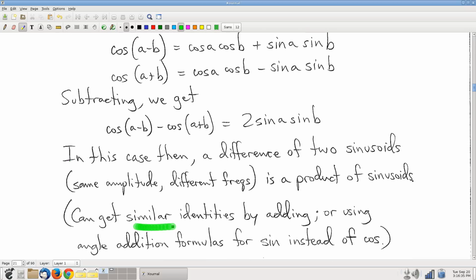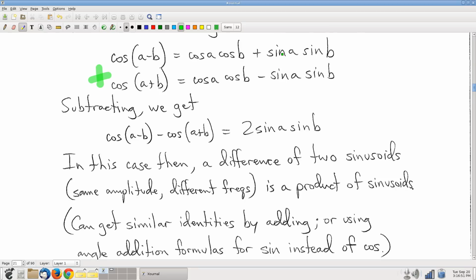So that being said, there are some similar identities that students can get. This is a side note. Instead of subtracting these from each other, if you add these two equations, add that to that, then those cancel, and you get, again, a reinforcing product of two sine waves.